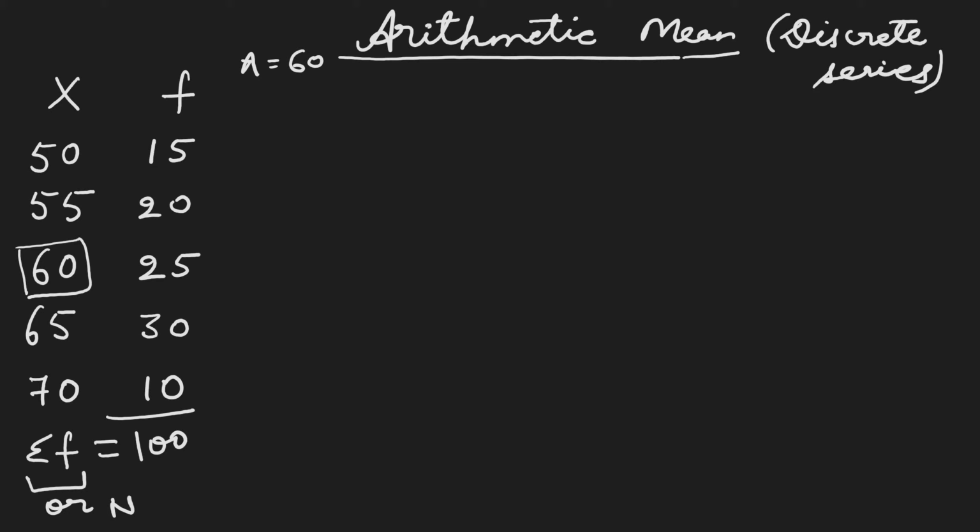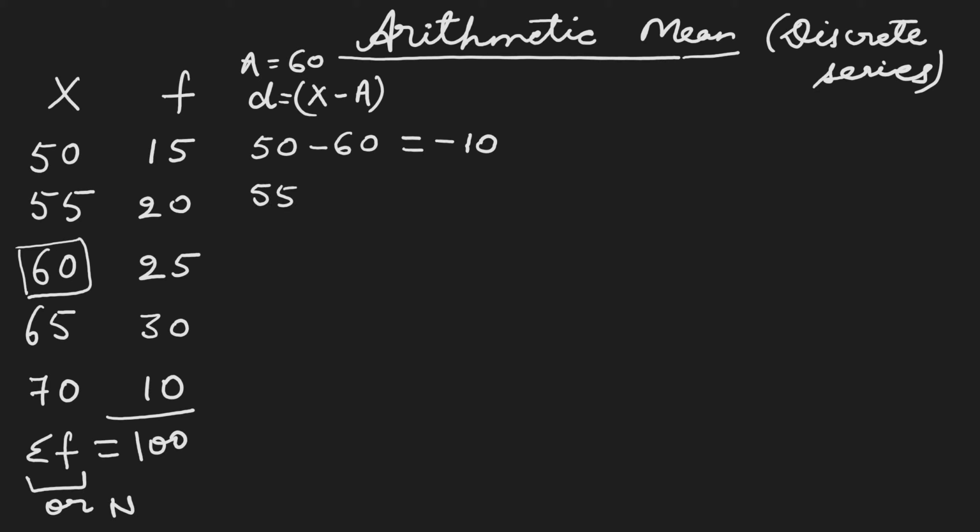Then we will find out the value of d, which is nothing but x minus a. So x minus a, we will try to calculate this. 50 minus 60, 60 is the value of a, x is 50 here, so 50 minus 60 is equal to minus 10.